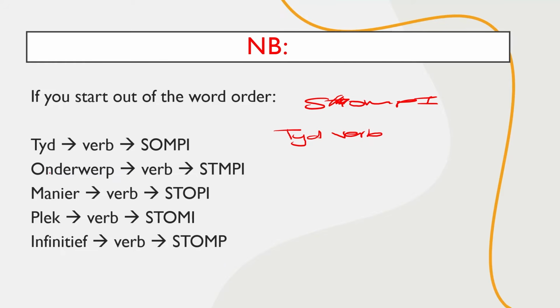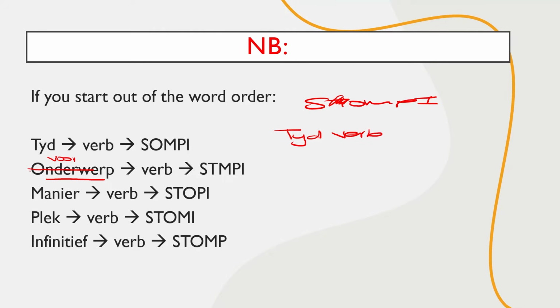But very important is that your verb is always after the first word. And then the rest of your sentence will just be in the order that it should have been without the thing you started first. So, for example, if we start with our onderwerp, sorry guys, this is supposed to be voorwerp. There's a mistake on the PowerPoint.